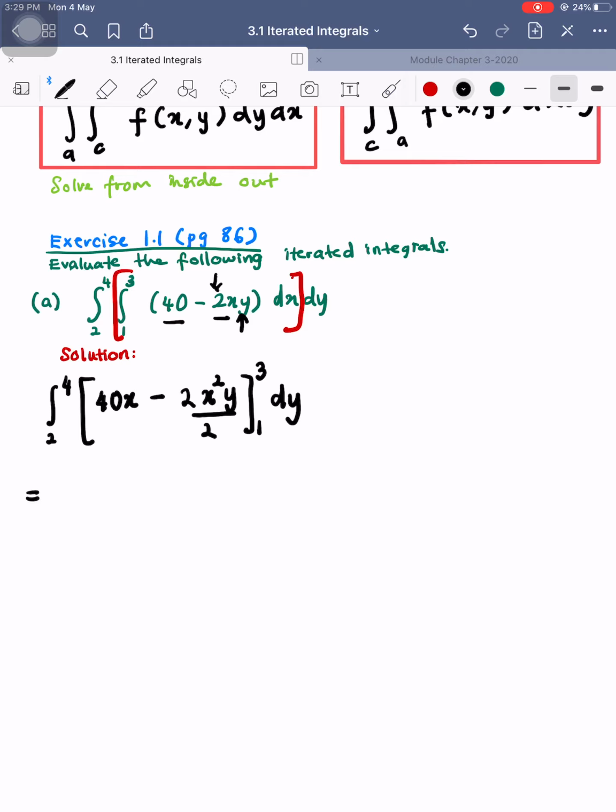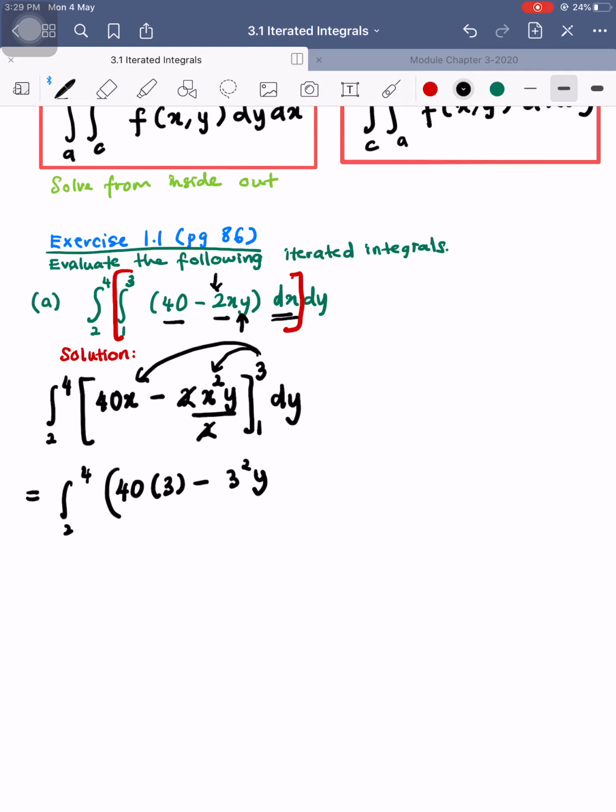Next, you insert the limit. Since you integrate with respect to x, insert the limits into x, not y. So 2 to 4, you get 40. Insert the value of x, minus 2, you can cancel out, so you get 3 squared y.